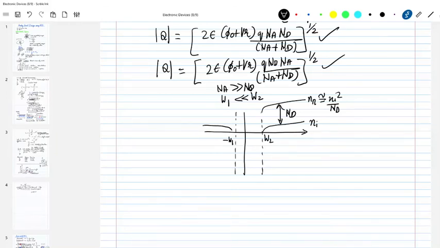Similarly on the other side you are going to have this, and Na is much larger than Nd.